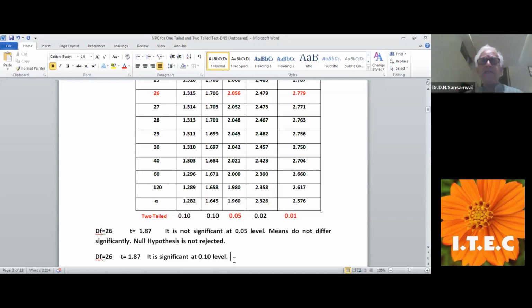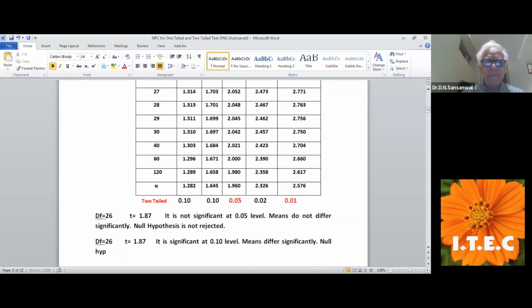The meaning is, I will say that the means differ significantly. And when means differ significantly, it means the null hypothesis is rejected or is not rejected?